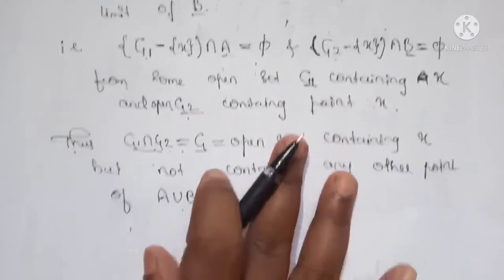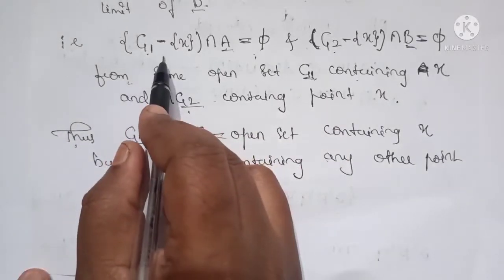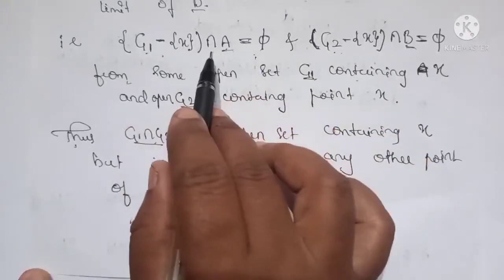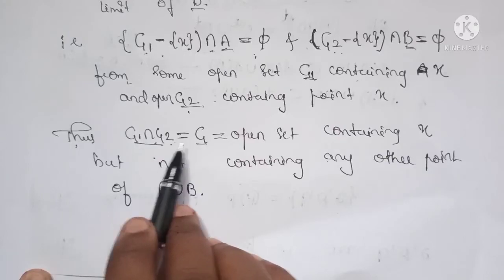So therefore if I consider the intersection of these two, the intersection of G1 and G2 is again an open set.